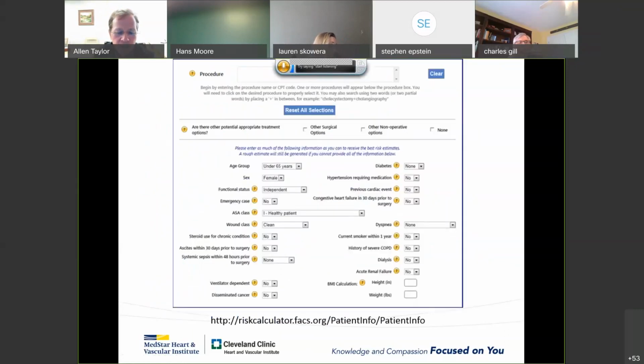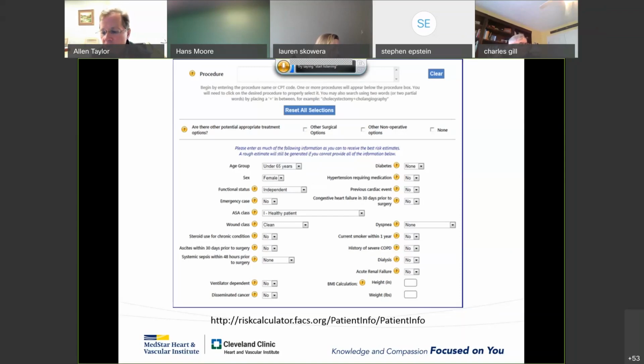And this is it. You can, again, do this online. It's at the facs.org website. And you go to this site and you enter the data, and it'll give you an output of what the actual event risks are. Now, one thing that is very specific to the procedure, whereas the RCRI uses that low, intermediate, and high risk procedure in terms of how they're applied, this is very procedure specific, and you actually put in the specific CPT code.